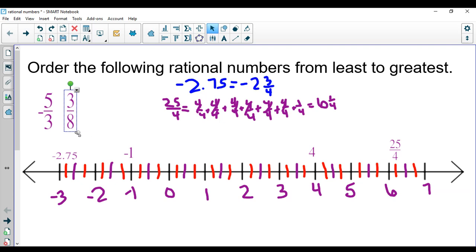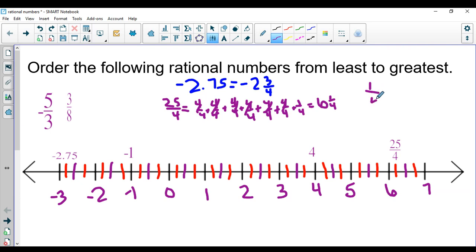3/8 is already simplified as far as it can go. So I just need to figure out where it belongs. If I were to change my fourths to eighths, so let's say 1/4 as eighths, I know that 4 times 2 will give me 8.